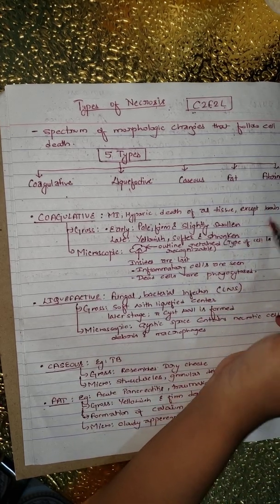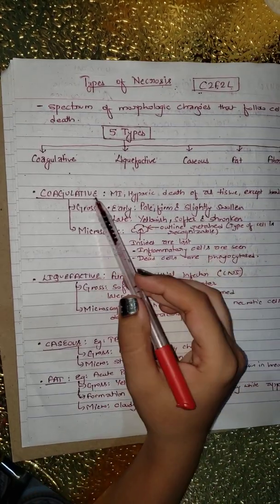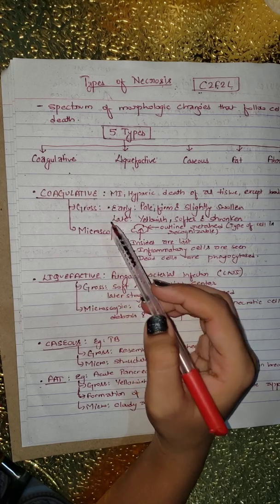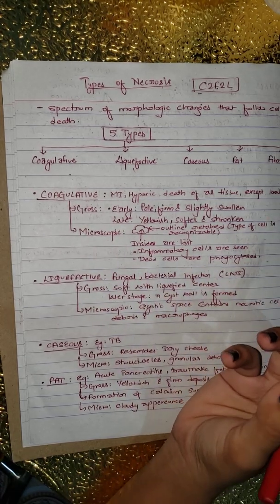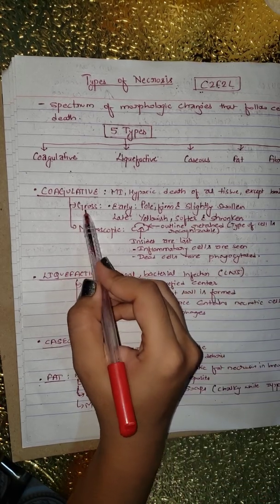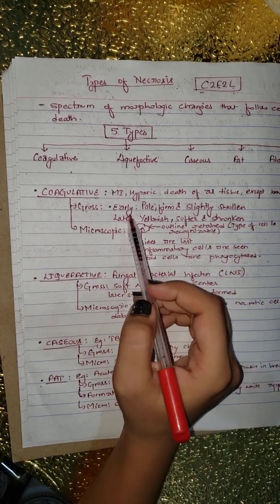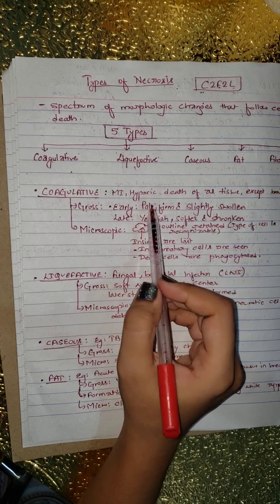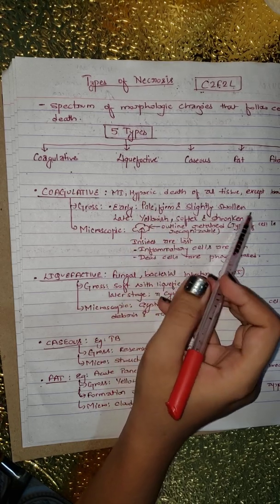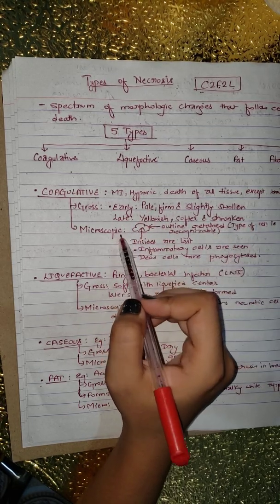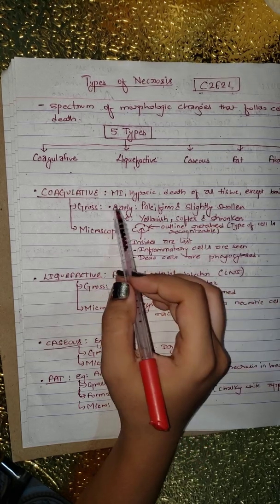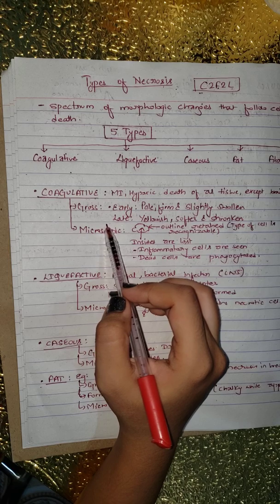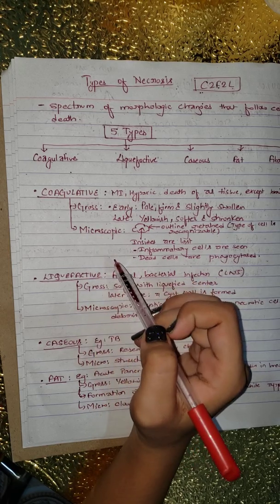So we have to remember this. In coagulative necrosis, in the gross examination, we can see in early stage the cell is pale, firm and slightly swollen, while in late stage we can see yellowish, softer and shrunken. So this is the feature of the coagulative necrosed cell.